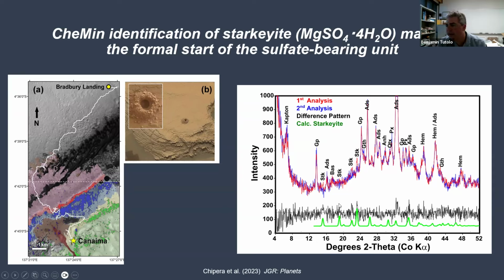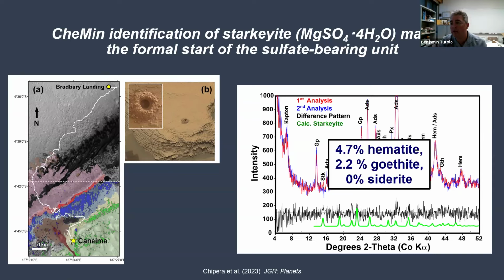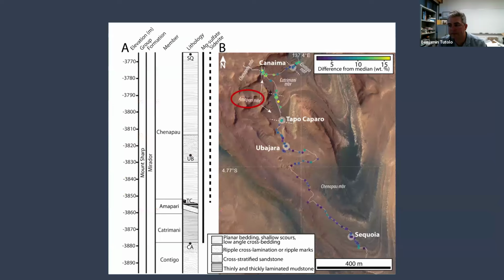And then also, it'll be important later to talk about this, it also contains the minerals hematite and goethite, so iron oxyhydroxides, minerals that contain iron in its oxidized state. And that'll be an important contrast with the siderite that we observed higher up. So 4.7% hematite, 2.2% goethite, and 0% siderite.